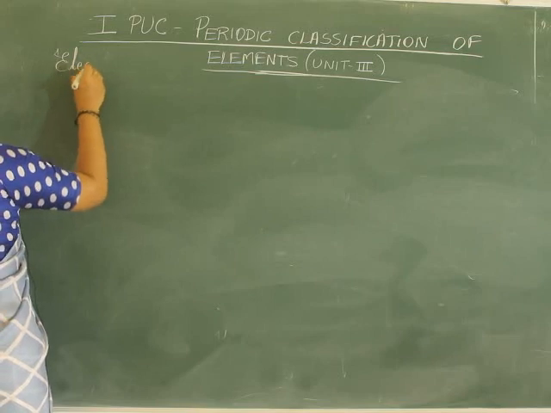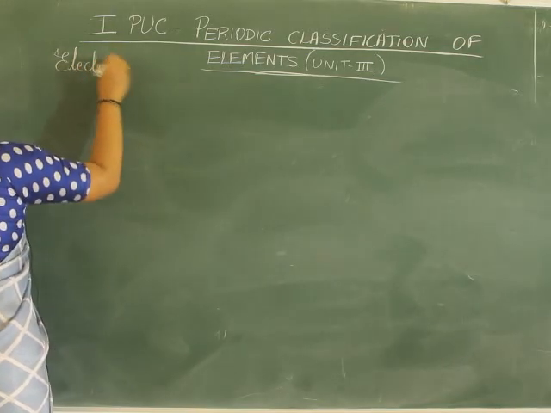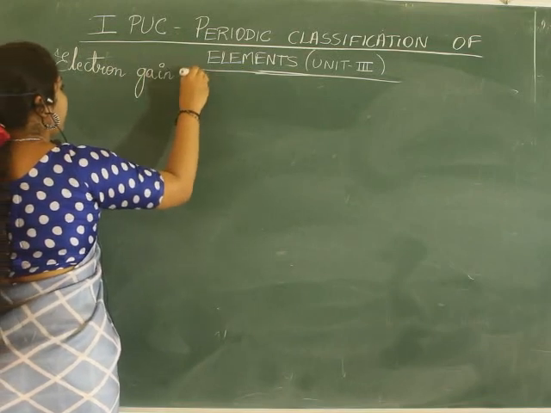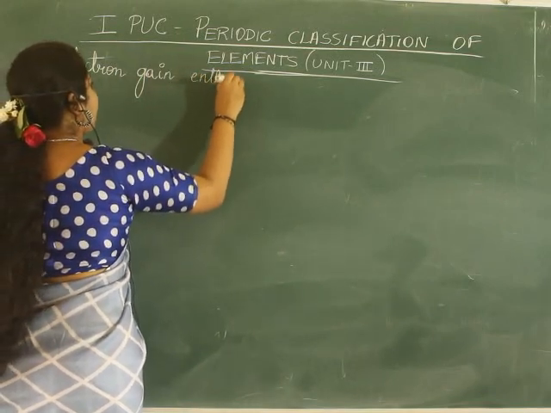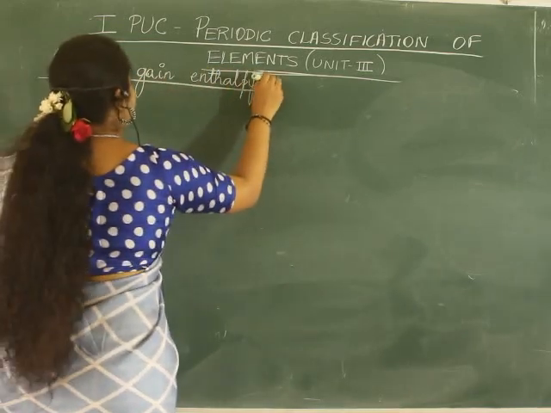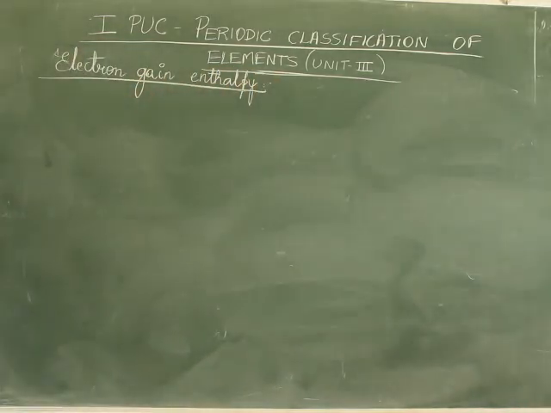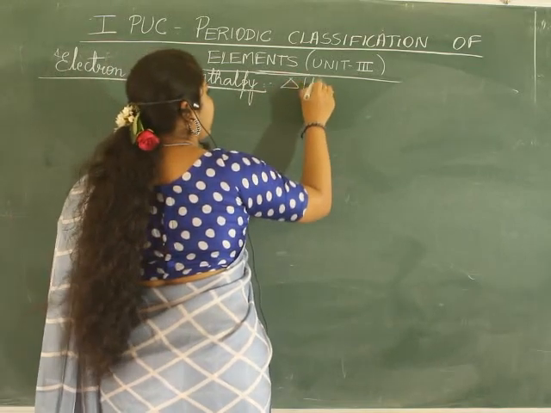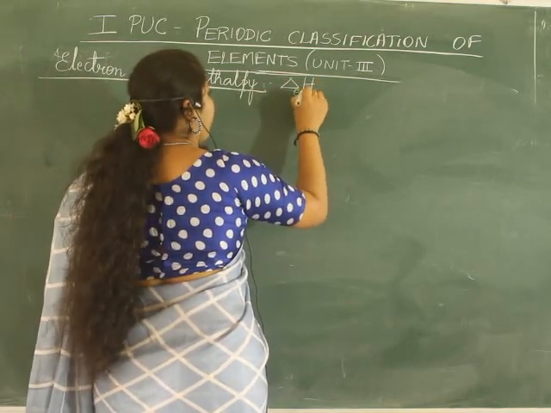Next property is electron gain enthalpy. What does it tell you? Electron gain enthalpy. It is also denoted as delta H of Eg.